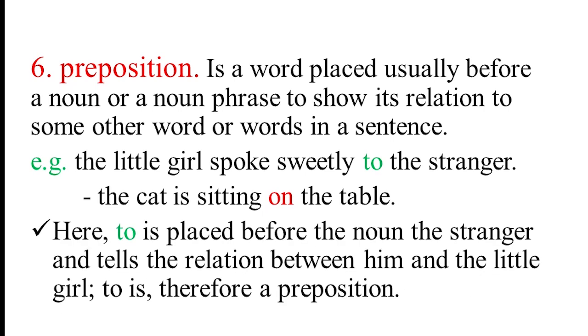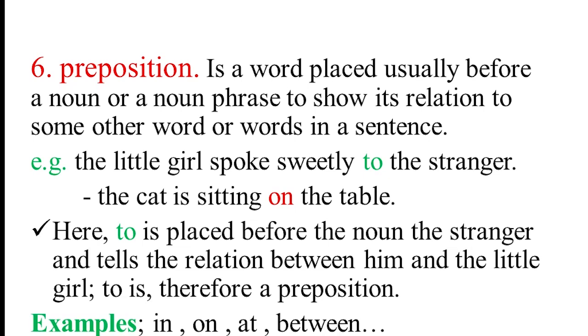Here, to is placed before the noun the stranger and tells the relation between him and the little girl. To is therefore a preposition, and the same goes for on. Other examples like in, on, at, between, beside, behind are preposition words.